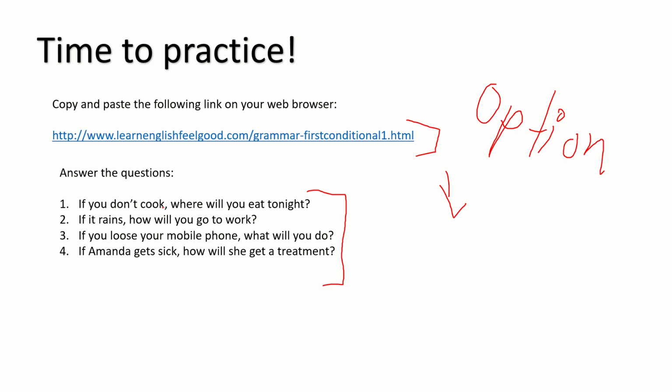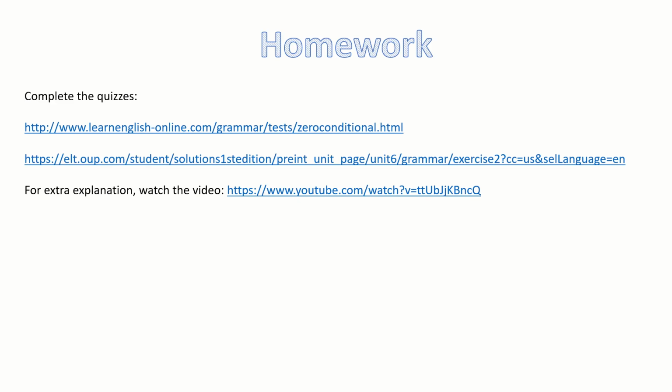Okay, if you don't cook, where will you eat tonight? If it rains, how will you go to work? If you lose your mobile phone, what will you do? If Amanda gets sick, how will she get a treatment? Very good. And if you want to, you can also do these quizzes right here. Okay, 1, 2, and 3.